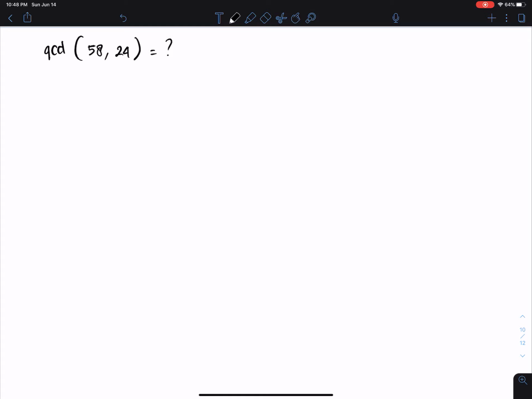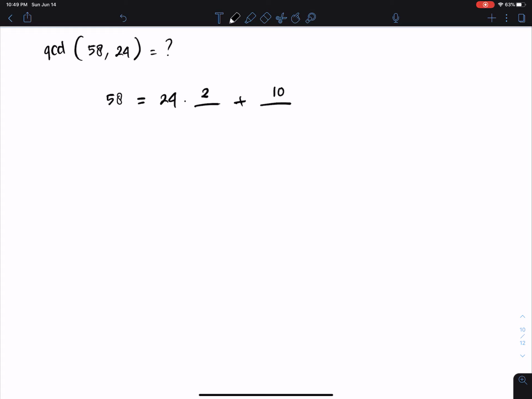Okay, so again, the higher number is 58. So we have 58 and then 24 multiplied with what number, then what will be the remainder. So 58 and 24. 24 times 2 should be okay. 24 times 2 is 48, so the remainder will be 10.